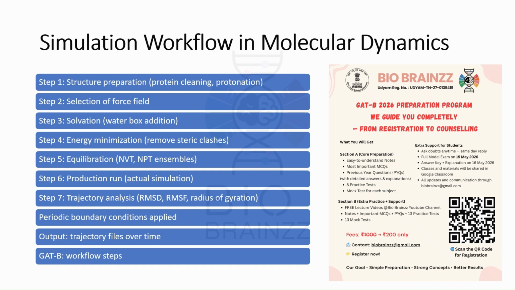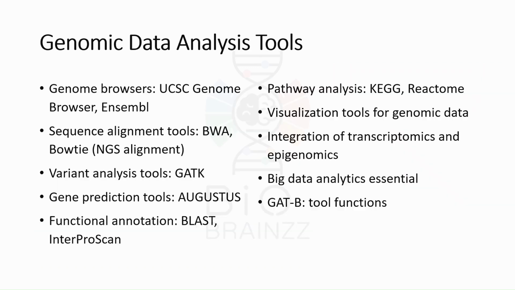Finally, the production run is carried out and results are analyzed using parameters like RMSD and RMSF. This workflow is important for understanding how simulations are performed. In GAT-B, questions may come on the sequence order of steps.